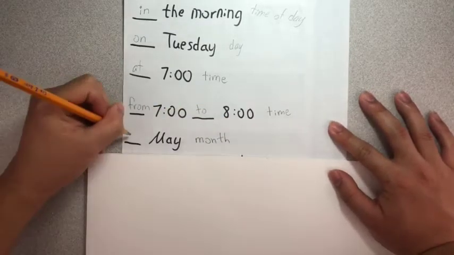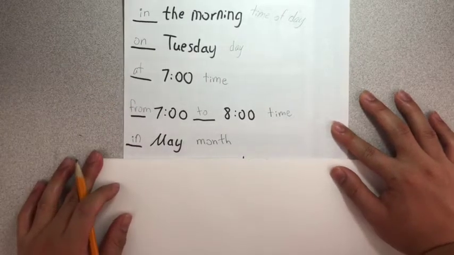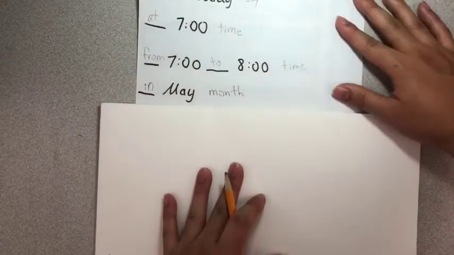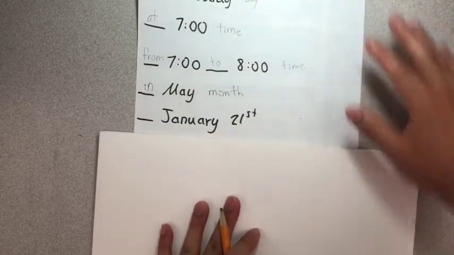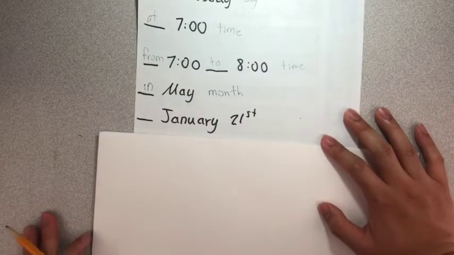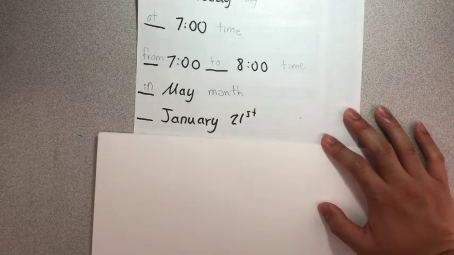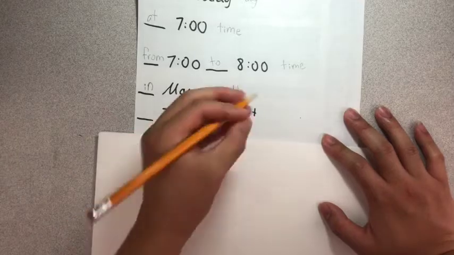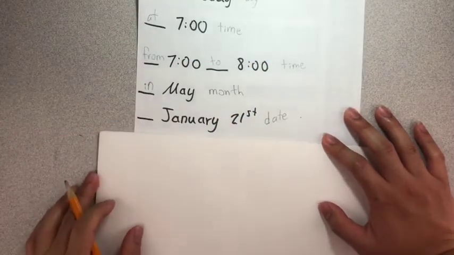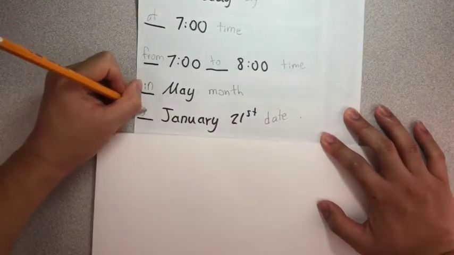So we use in May. January 21st. What word goes here for January 21st? January 21st is a date. It's a specific day. So we use on.